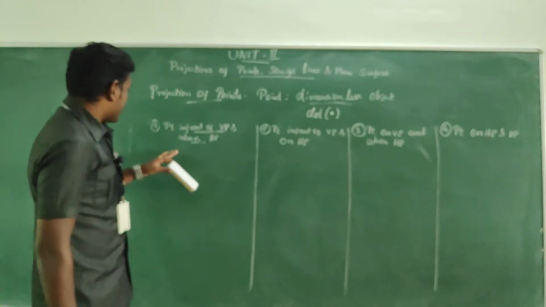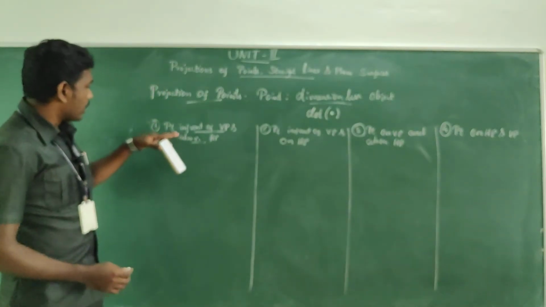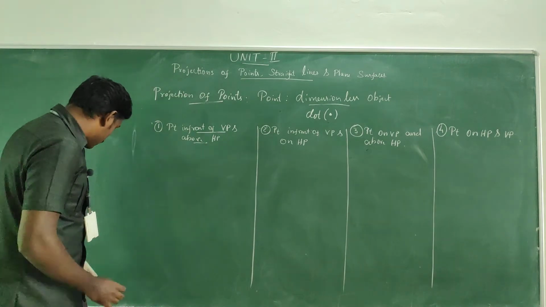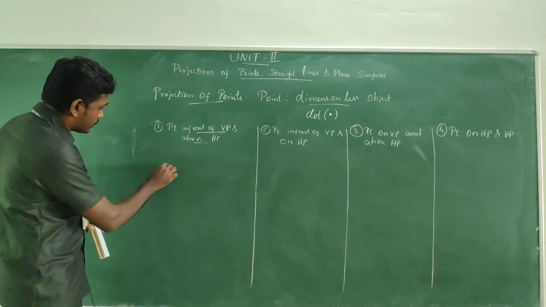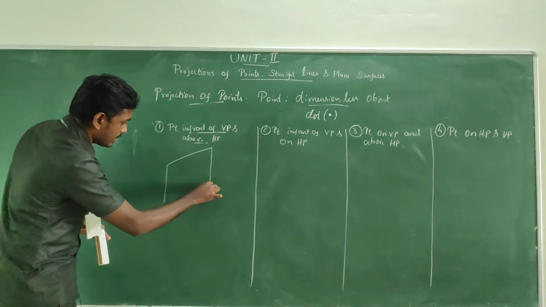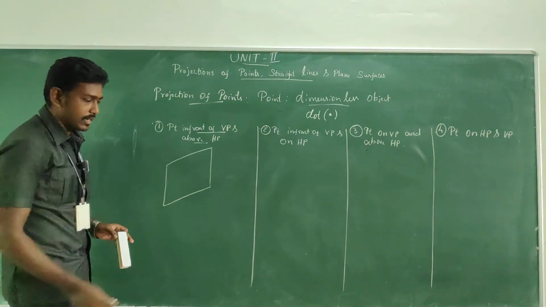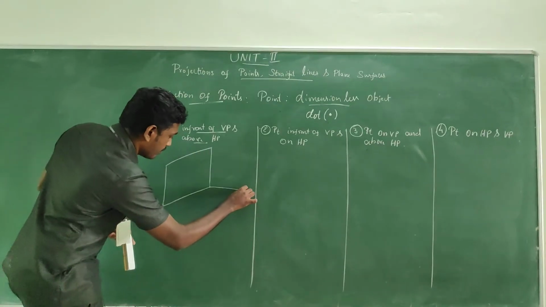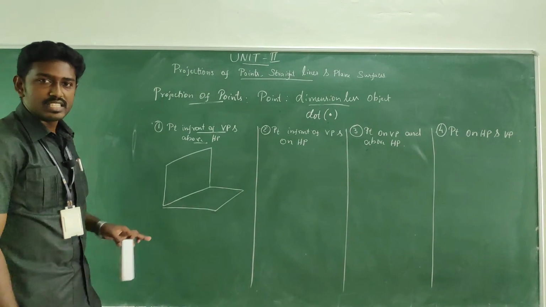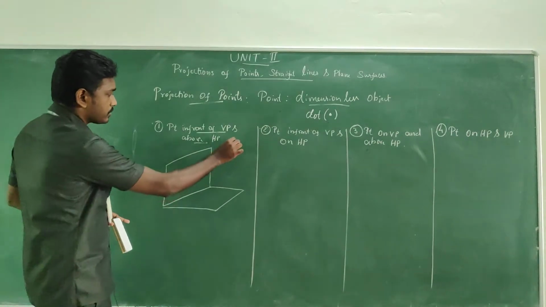Fine. So first we shall know about the point in front of VP and above HP. For which, just go for a first quadrant so that we can get the projection idea in a better way. So this is the first quadrant, right?